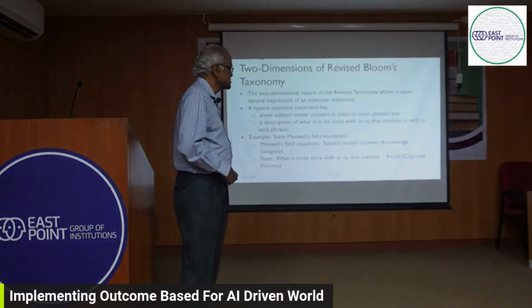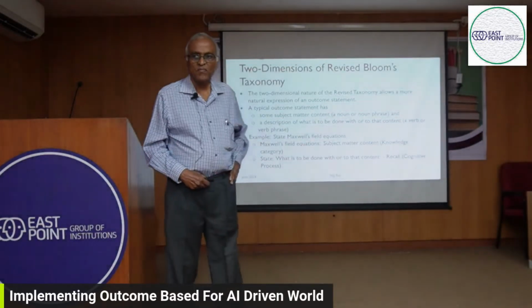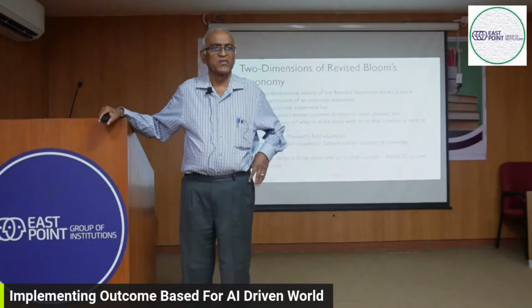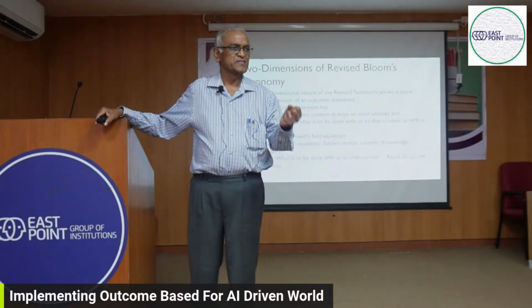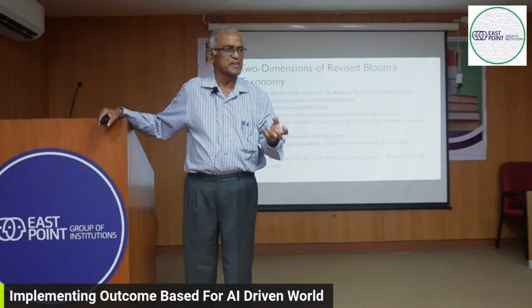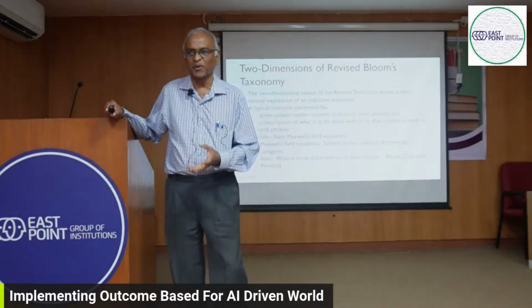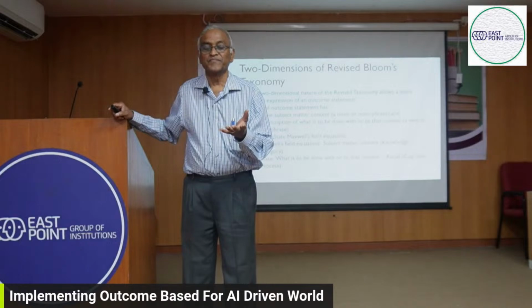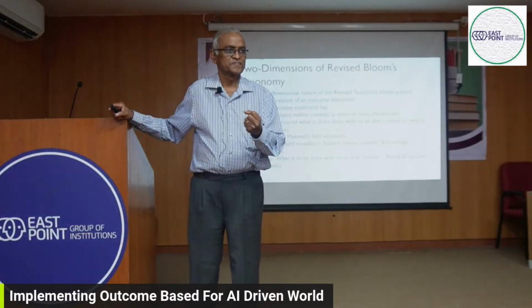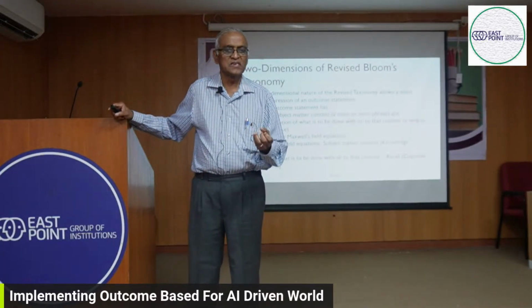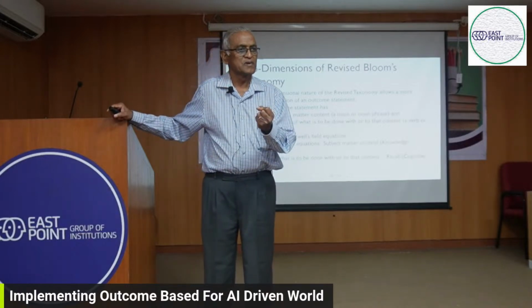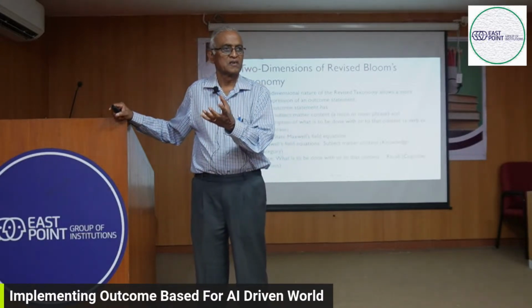First thing is, it is two-dimensional. Two-dimensional in the sense that you are performing a cognitive activity, like explaining, comparing, solving a problem, something like that. But on what? On some knowledge, right? So they consider the cognitive activity to be different from the knowledge involved.